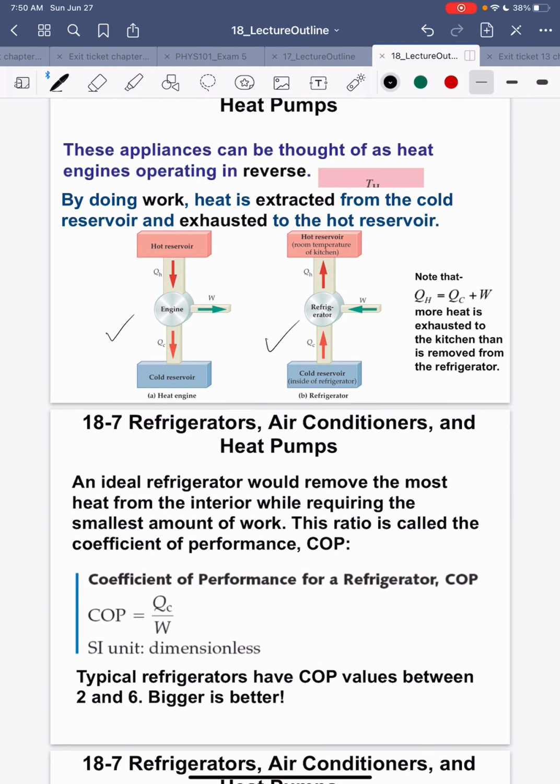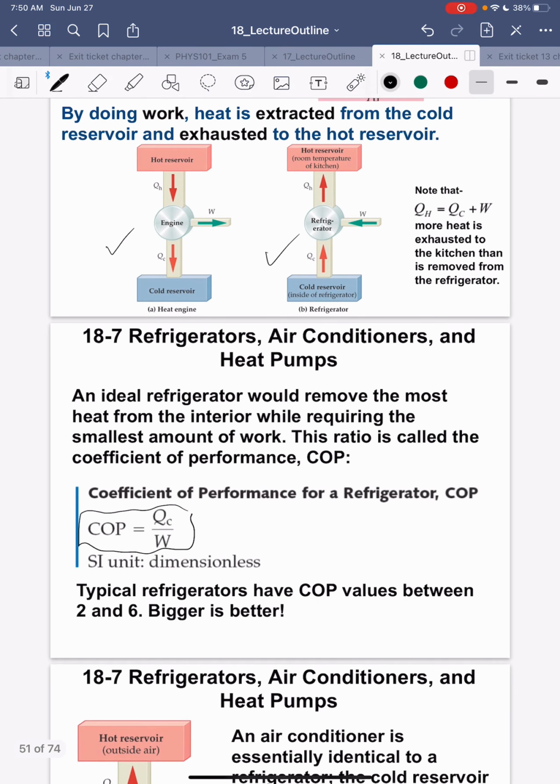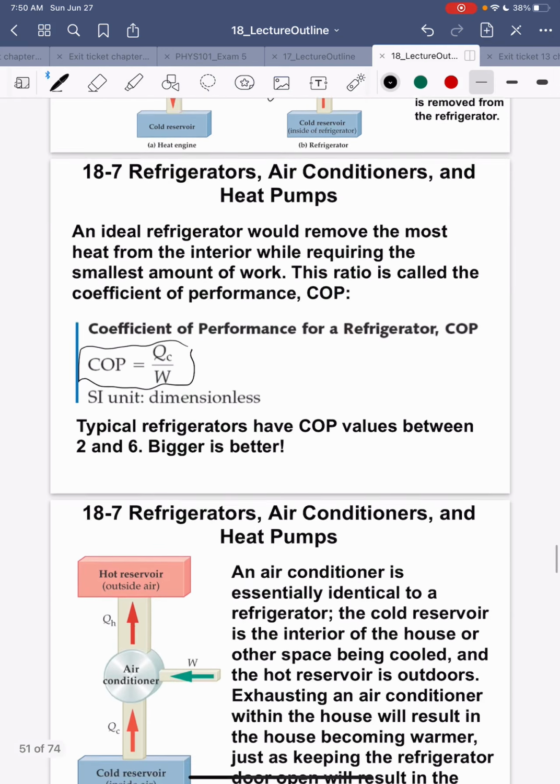An ideal refrigerator would remove the most heat from the interior while requiring the smallest amount of work. This ratio is called the coefficient of performance, COP, and it has to do with QC divided by the work. Typical refrigerators have coefficient of performance values between 2 and 6. Bigger is much better.